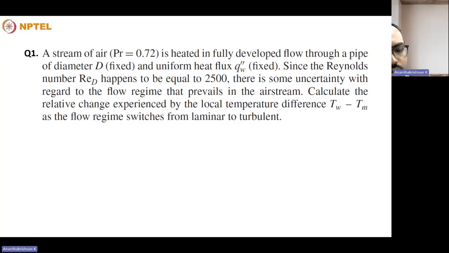Straightforward intuition says that because the heat flux is kept constant, and h increases for turbulent flow compared to laminar flow, T_W minus T_M should be less. So the ratio of T_W minus T_M between the turbulent and the laminar cases must be less than 1. That is a check that we can employ after finding the solution, to ensure that our solution is right.